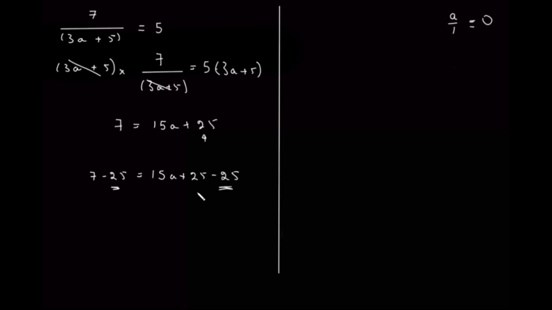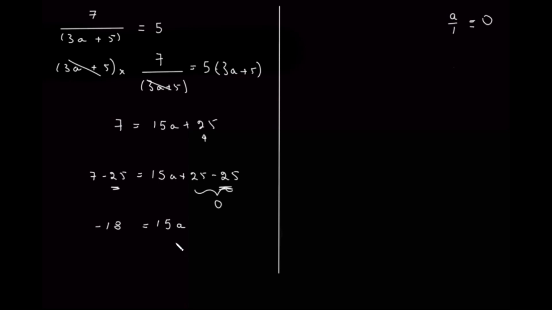That lot becomes 0. Add 0 to this makes no difference, so it is now just 15A. This one here becomes negative 18. Now we've got to multiply 15 lots of that, change the 15 into 1, so we divide both sides by 15.